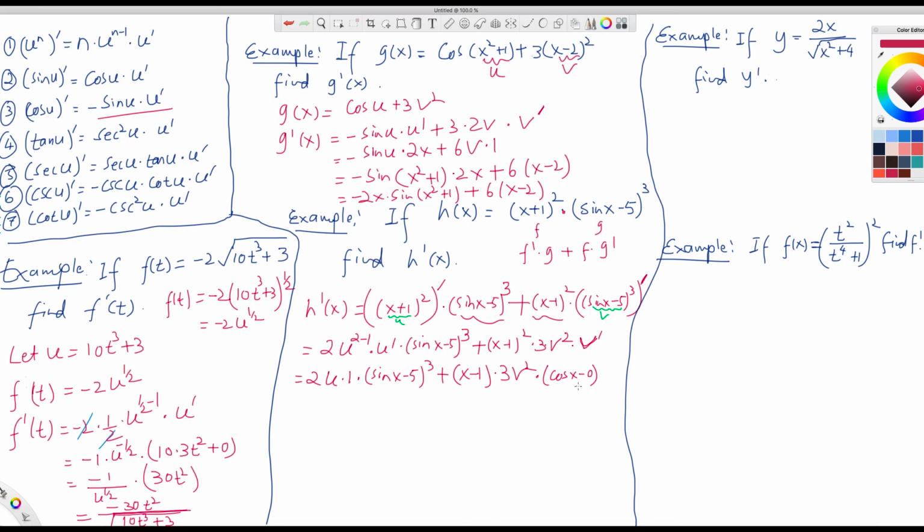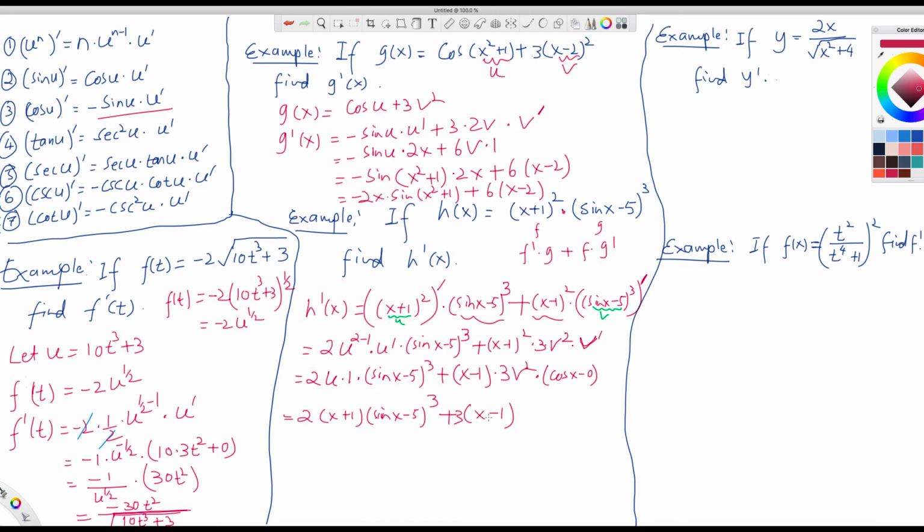Now let us write the final answer, but we want to write in terms of x. We will replace back u and v. So that will be 2, u is x plus 1, times (sine x minus 5) to the third, and then plus (x plus 1) squared.